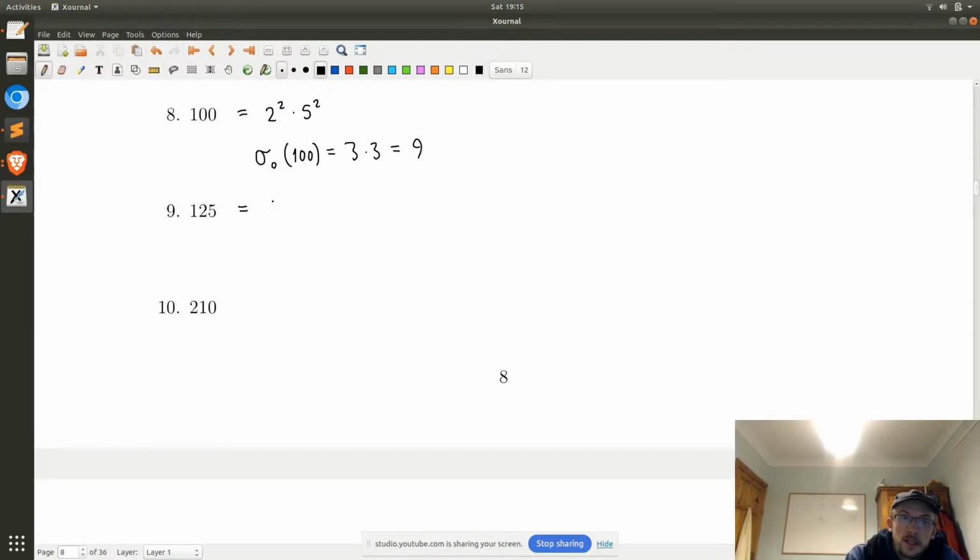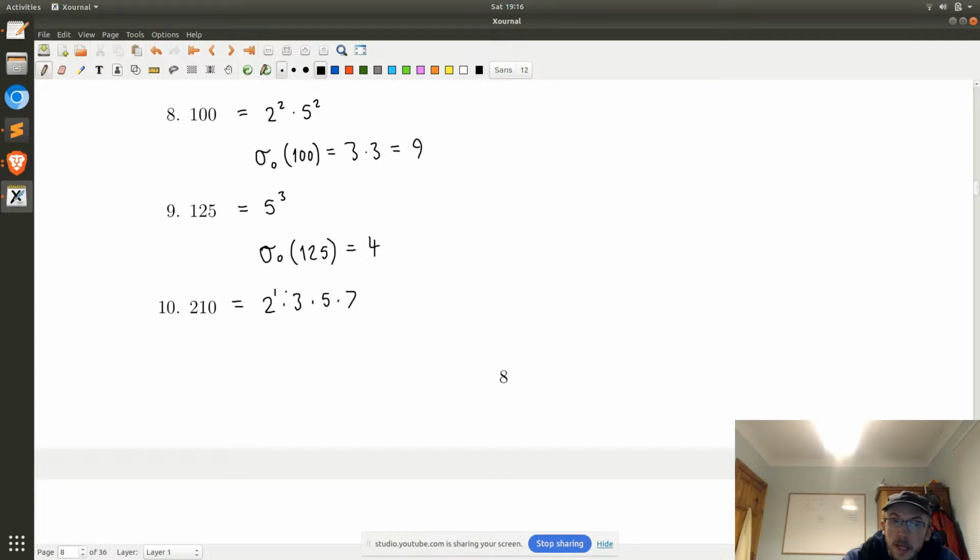125 is the third cube number, the fifth perfect cube. The number of divisors of 125, sigma sub 0, is simply 4. 1, 5, 25, and 125. 210, if I'm not mistaken, is a primorial. So it's 2 by 3 by 5 by 7.